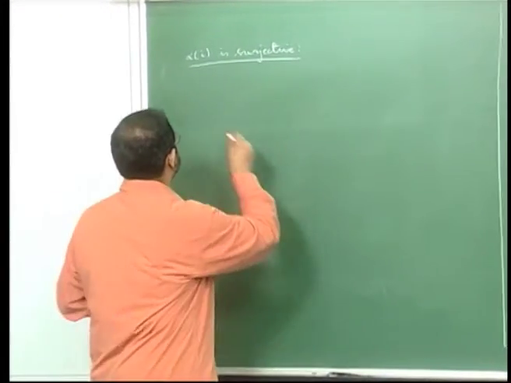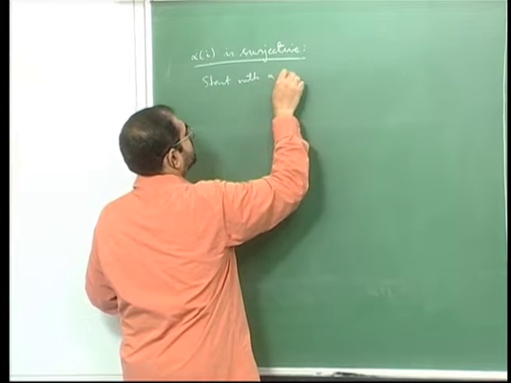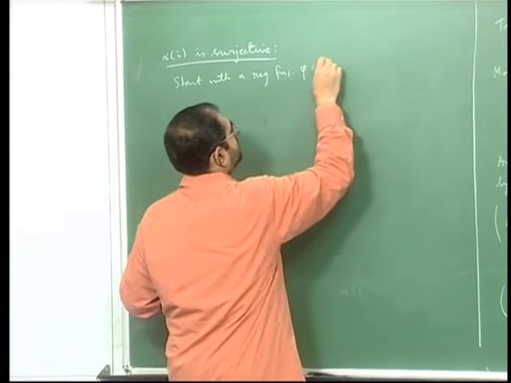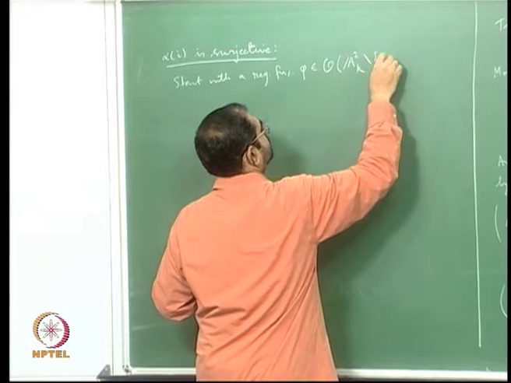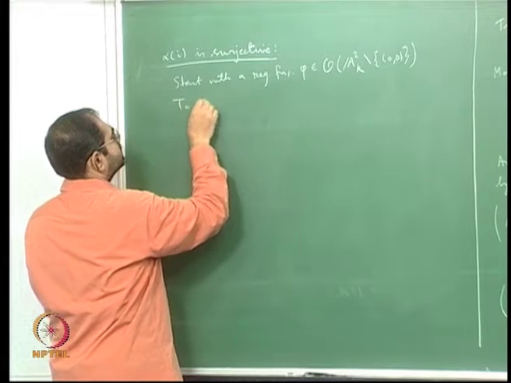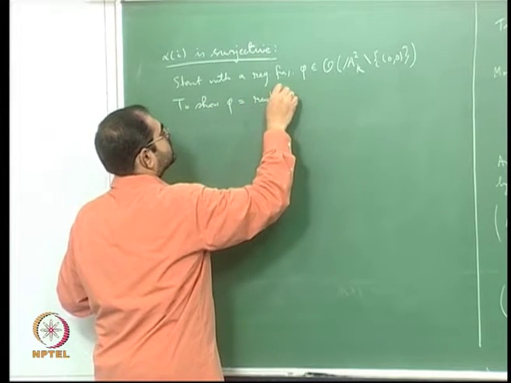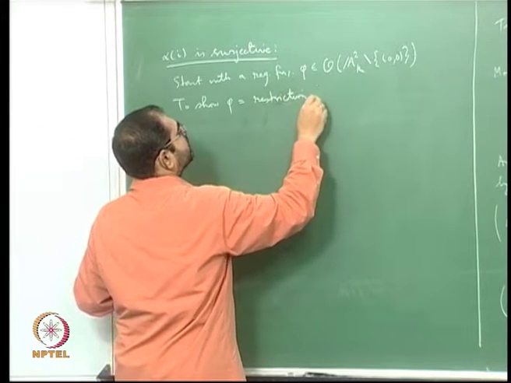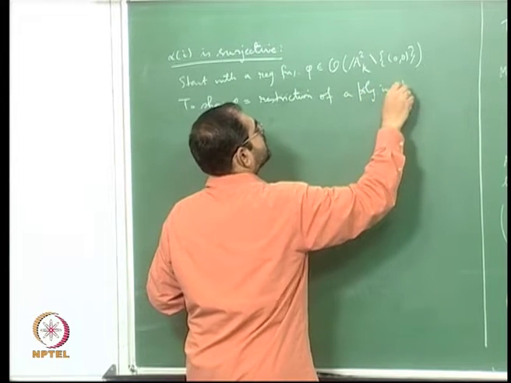So start with a regular function phi on the punctured plane, to show phi is equal to the restriction of a polynomial in k[x1, x2].